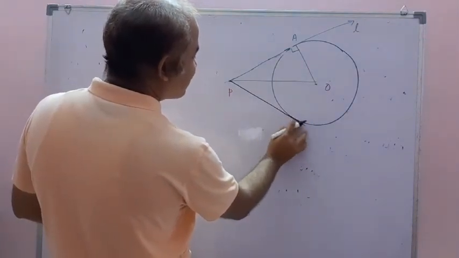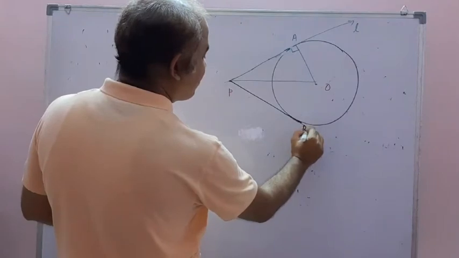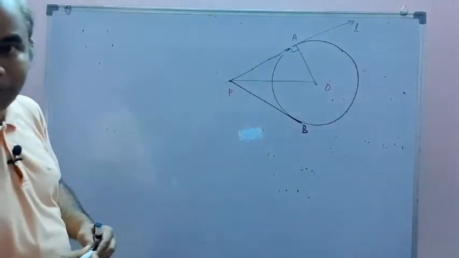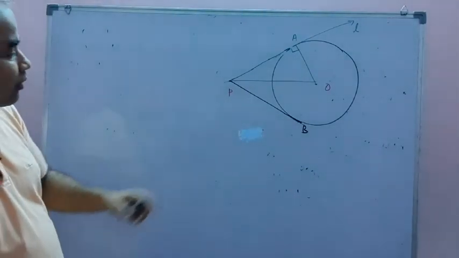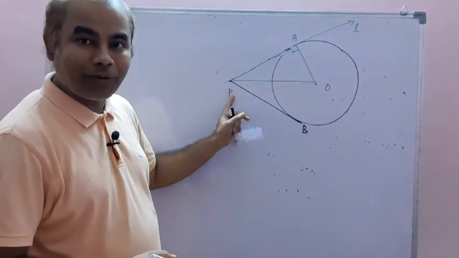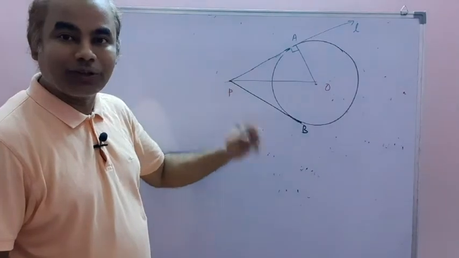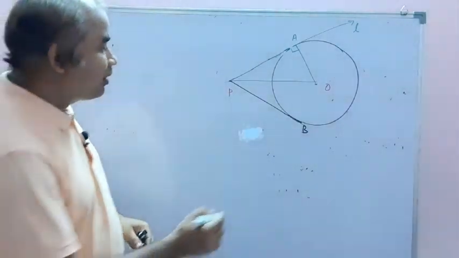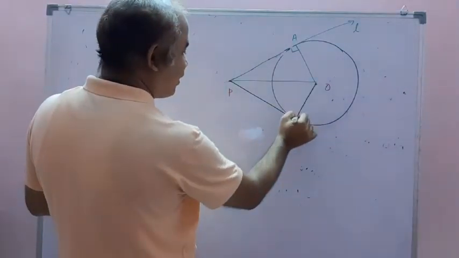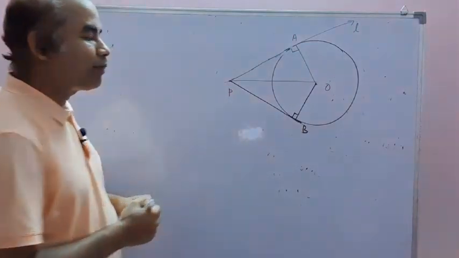Suppose the name of the tangent is PB. Another tangent can be drawn from point P, from the exterior point. That means from one exterior point, you can draw two tangents, not more than that. Here also if I join, then this is perpendicular.